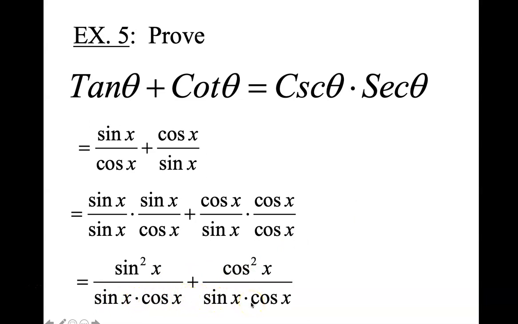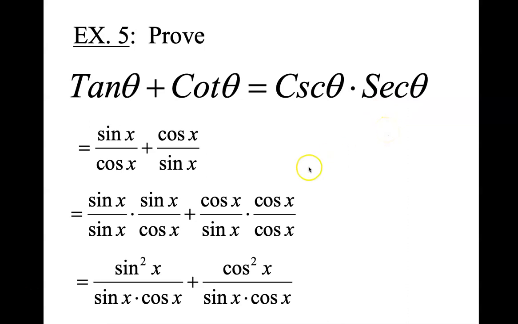Again, I mess with the top and leave the bottom alone. Some of you probably already see where this is headed. Remember my love note that sine squared plus cosine squared is 1. And then if I take 1 over sine and over cosine, you see right where that's leading. But if not, bear with me.